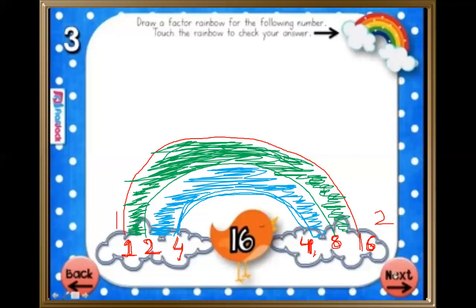Here I have used only 2 colors, and after it I have to make a red color. So the rainbow is ready. What is it giving? It is giving 1, 2, 4. 4 is going to repeat, so I am not going to write 4 again. And 8 and 16. These are the factors of 16. In this way, you can do it on your own.